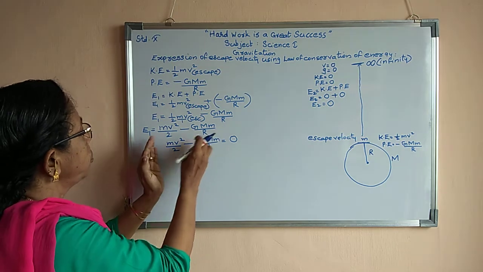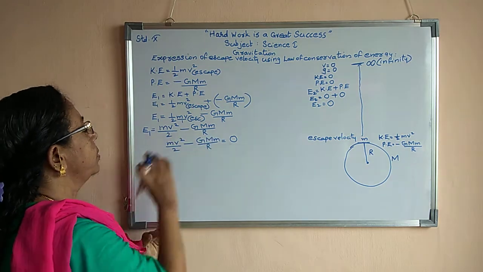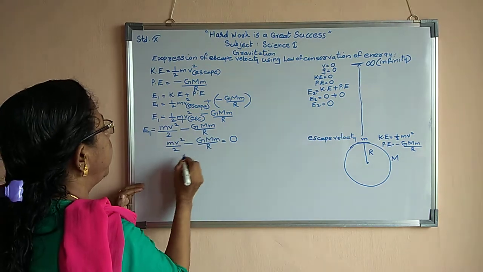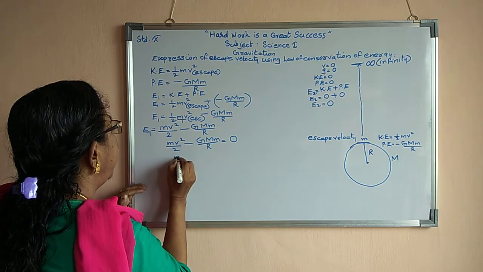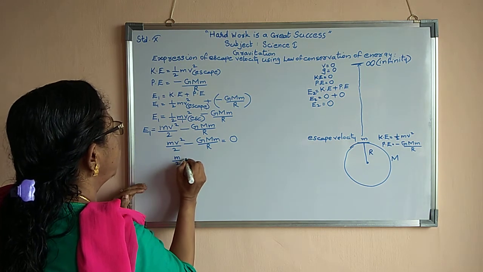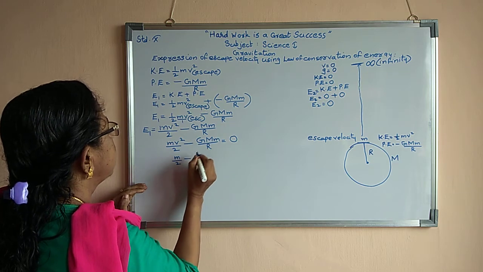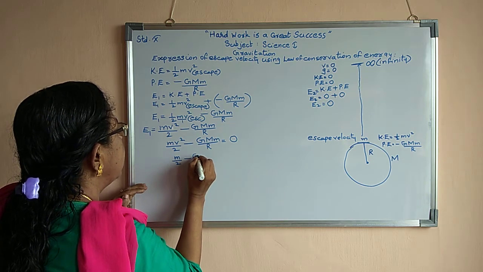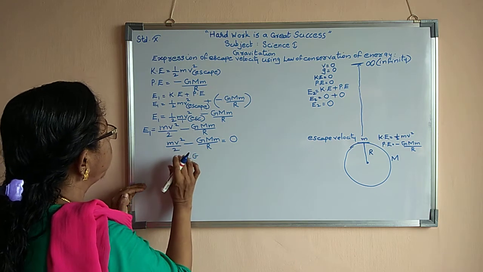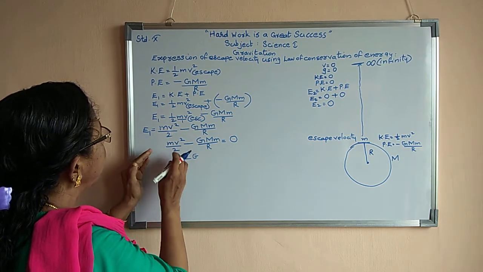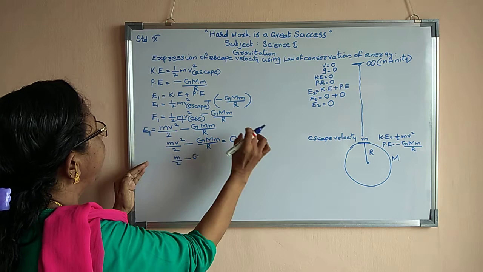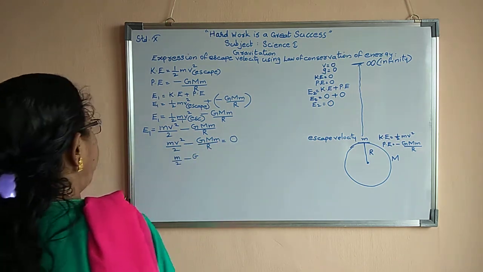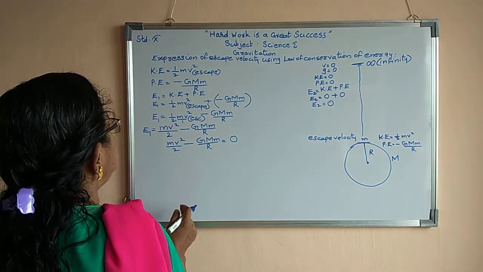Now these two I am bringing, V I am taking to that side. So how will it be? m upon 2 minus G. When I remove this m upon 2, I am keeping it here, V I remove there. Then the formula will be like this.